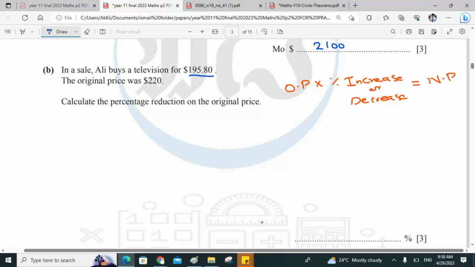By OP, I mean to say that this is the original price, okay? And we multiply it with the percentage increase or decrease, and you are going to get the new price. So what should I do in this?